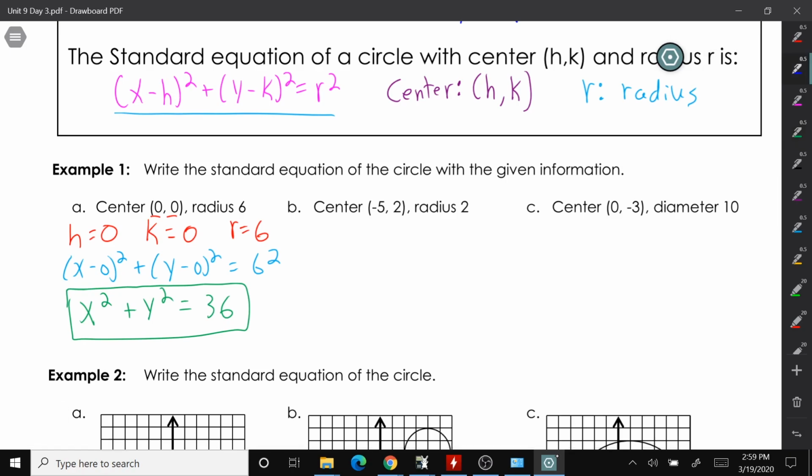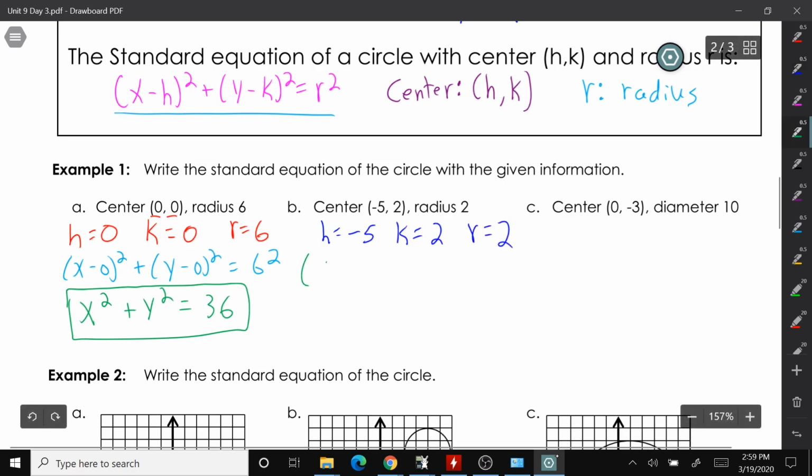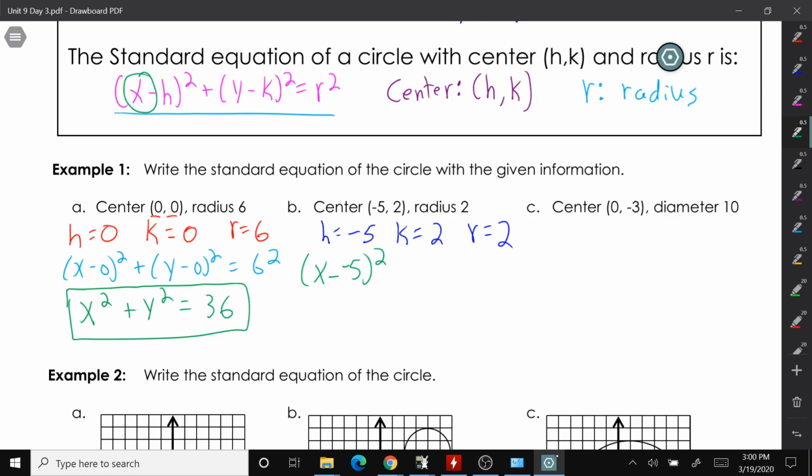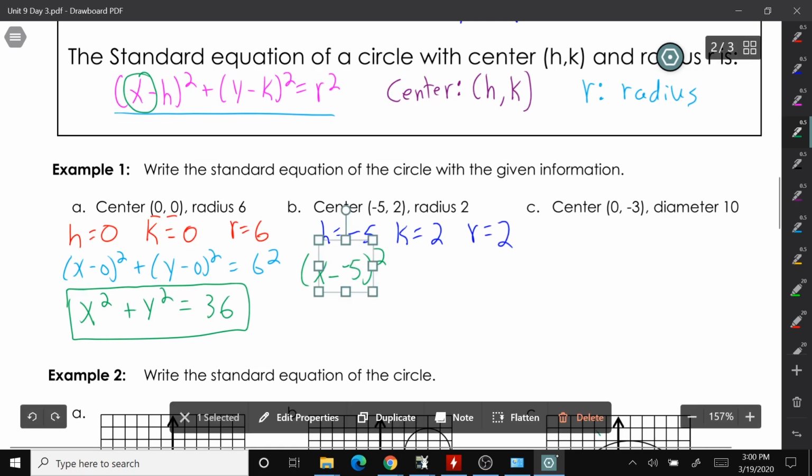Now b, center is at negative 5, 2. So h is negative 5, k is positive 2, and r is also positive 2. So then we do x minus h. Well, it's going to be -5. So the x minus part comes from the formula, and then the -5 comes from the h value.